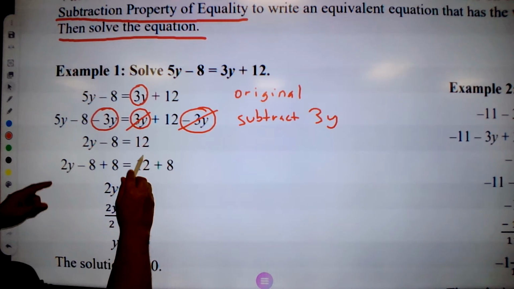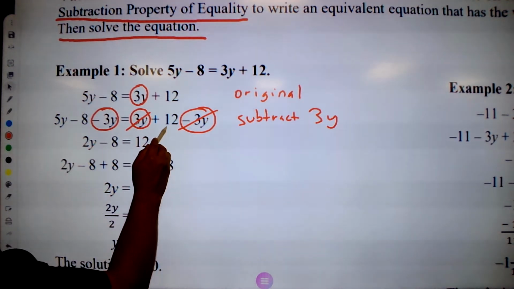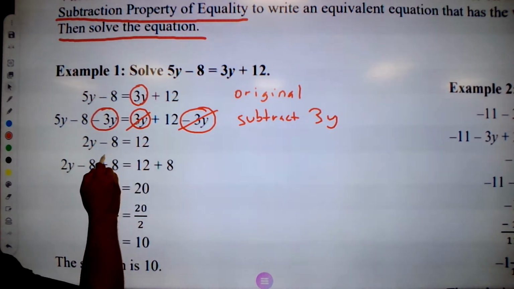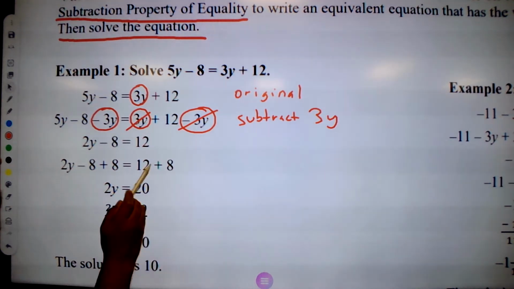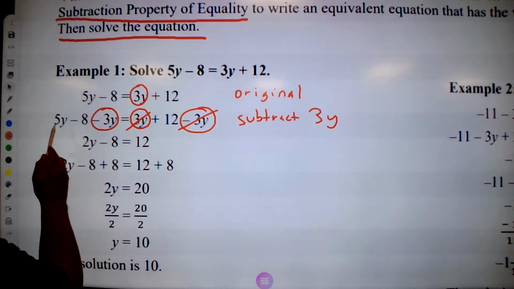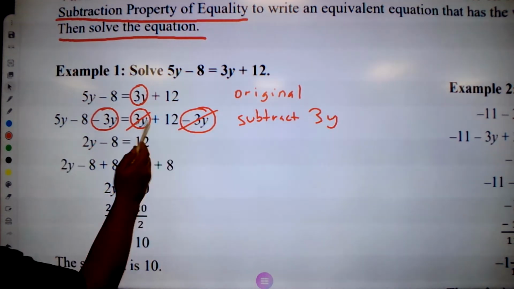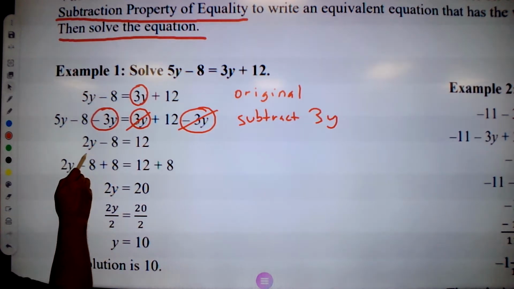Then after that, you have the 12 down here. Now what they also did here is they did two things at the same time. You see there's a 3y here. They also subtracted it from here as well. They subtracted it from here, and they subtracted it from here. So 5y minus 3y is 2y.